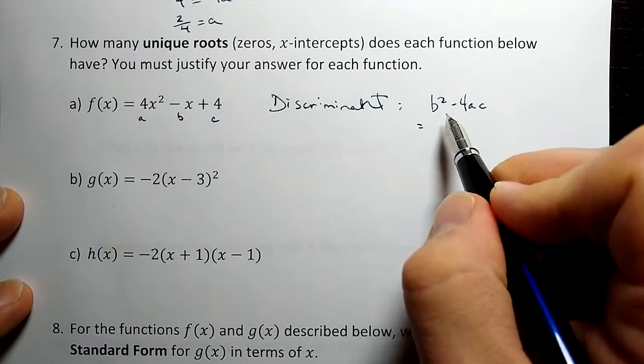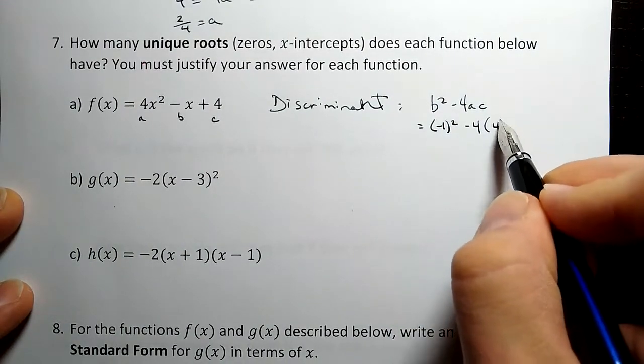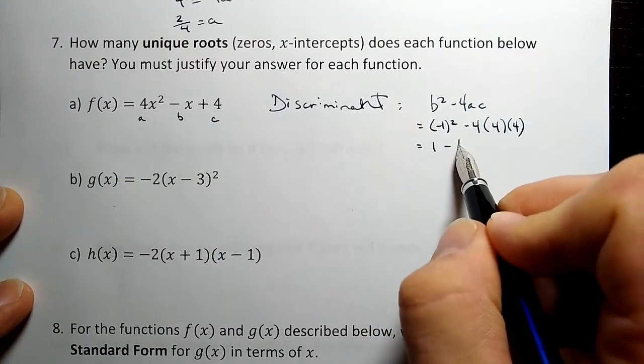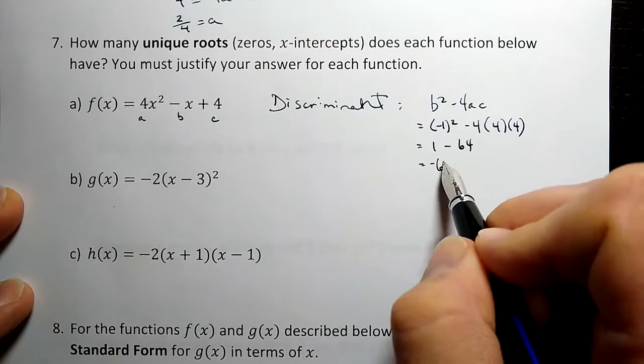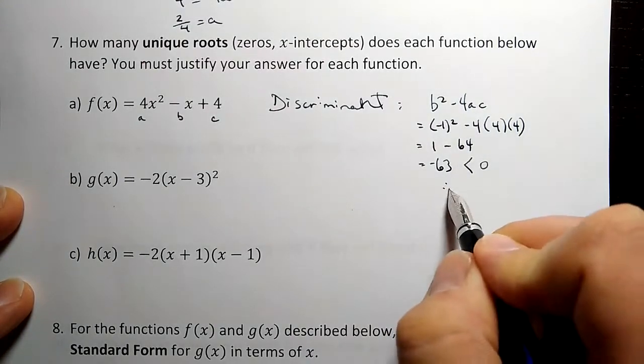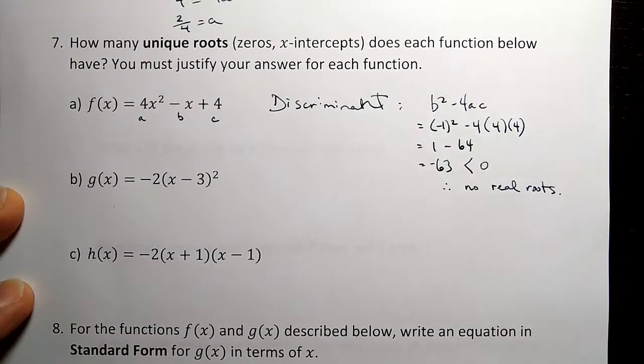Let's fill that in. So we have negative 1 squared minus 4 times 4 times 4. 1 minus 64 is negative 63. That's less than 0. That's a negative number. So there are no real roots.